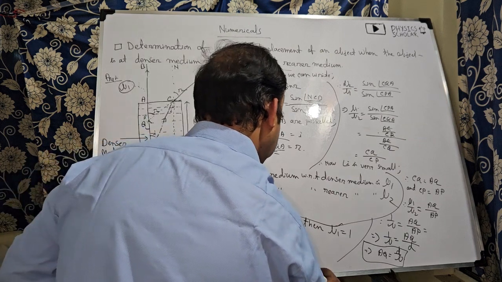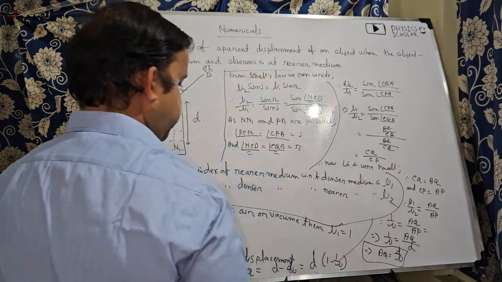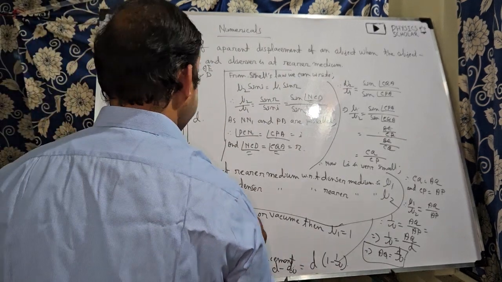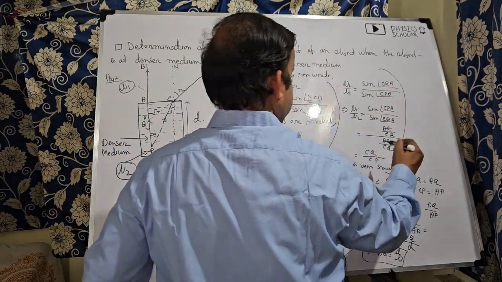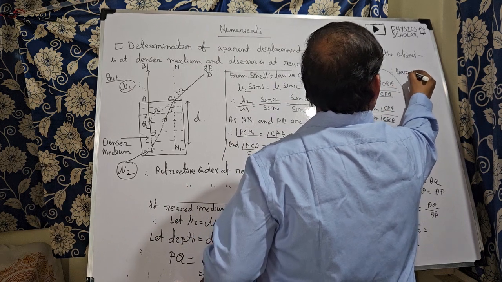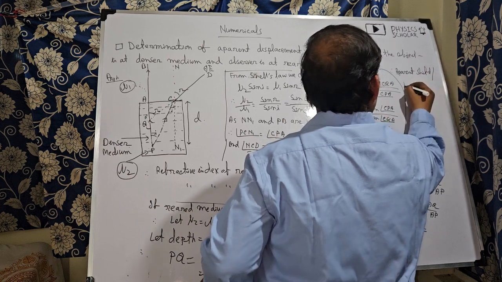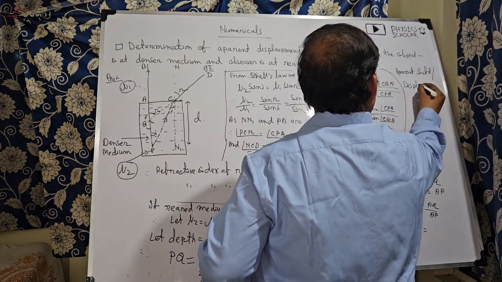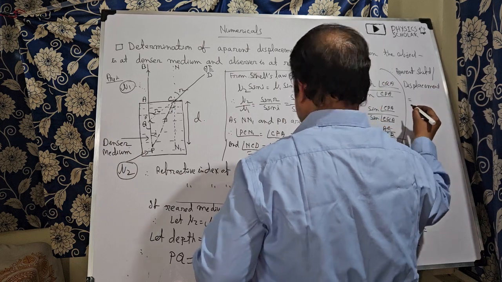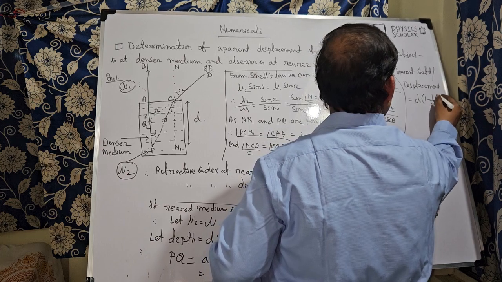If d is common, then d times 1 minus 1 by mu. So the apparent shift or displacement is equal to d into 1 minus 1 by mu.